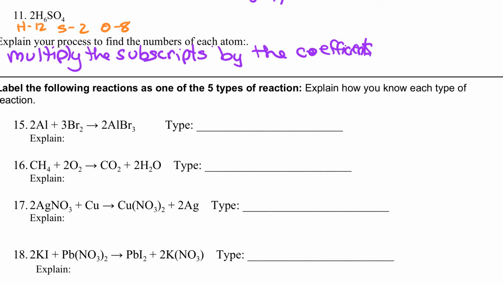In questions 15 through 18, it says, label the following reactions as one of the 5 types, and then explain how you know it's each reaction. Well, I have Al, I am adding 2 things to get 1 thing, so this is a synthesis, because I'm adding to get 1.